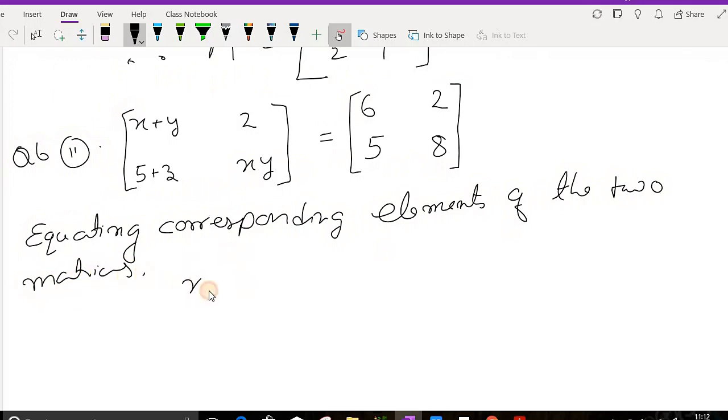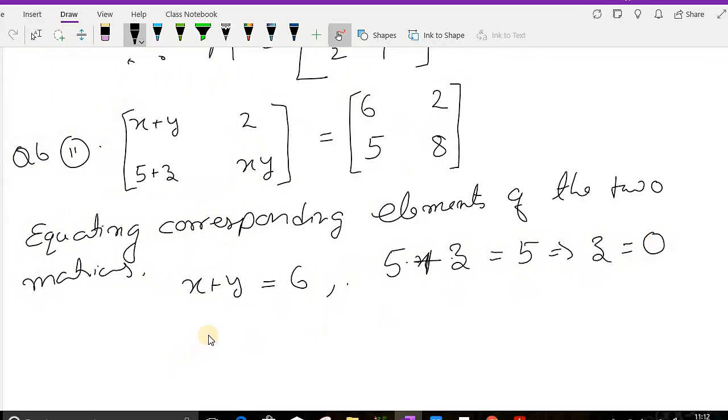Okay, so what you'll get? x plus y equal to 6. 2 equal to 2, I don't care about that. 5 plus z is equal to 5. So this implies what is z? z equal to 0, right? And xy is equal to 8.